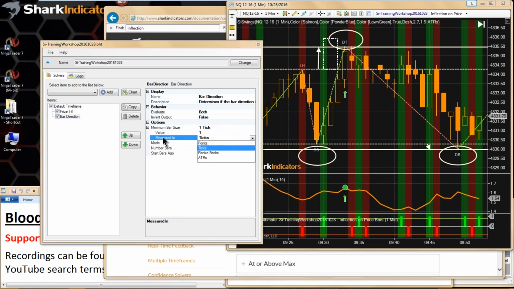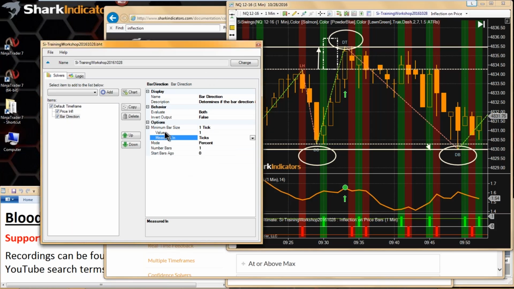If you notice, any solver that has a measurement also has this measured in setting, which gives you points, ticks, Renko, or ATRs. So this measured in is kind of a universal setting used across a lot of the solvers and some of the indicators.